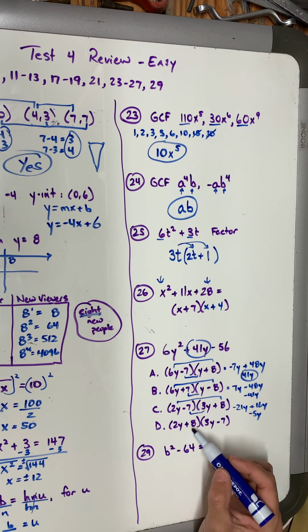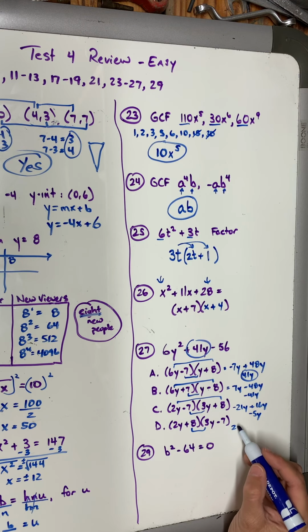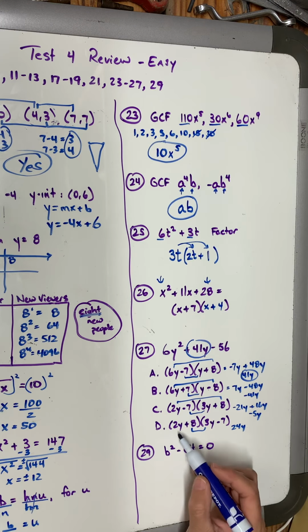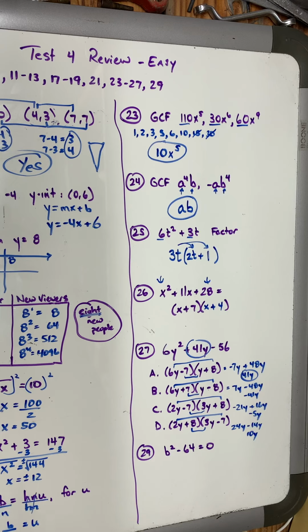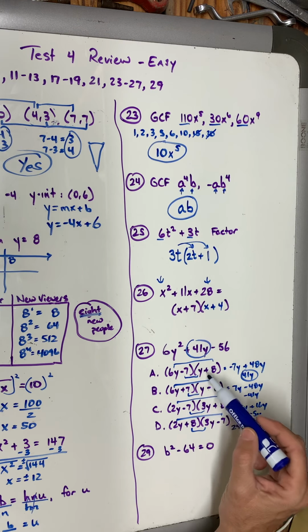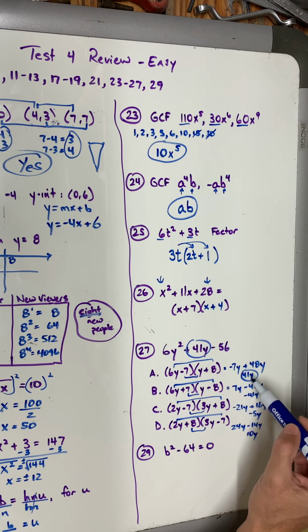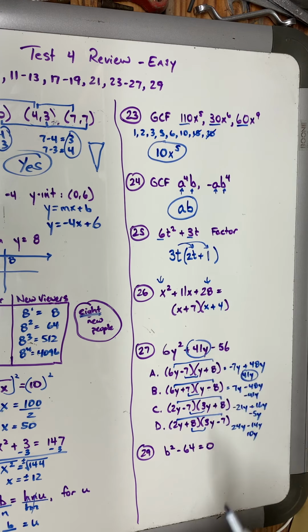And then finally here, the inner, I get 24y. The outer is negative 14y. So I get a positive 10y, which is not 41y. Okay, hopefully I didn't make a mistake on that. But anyway, you're looking for where the outer and inner, once you combine the like terms, gives you the middle term from your initial problem.